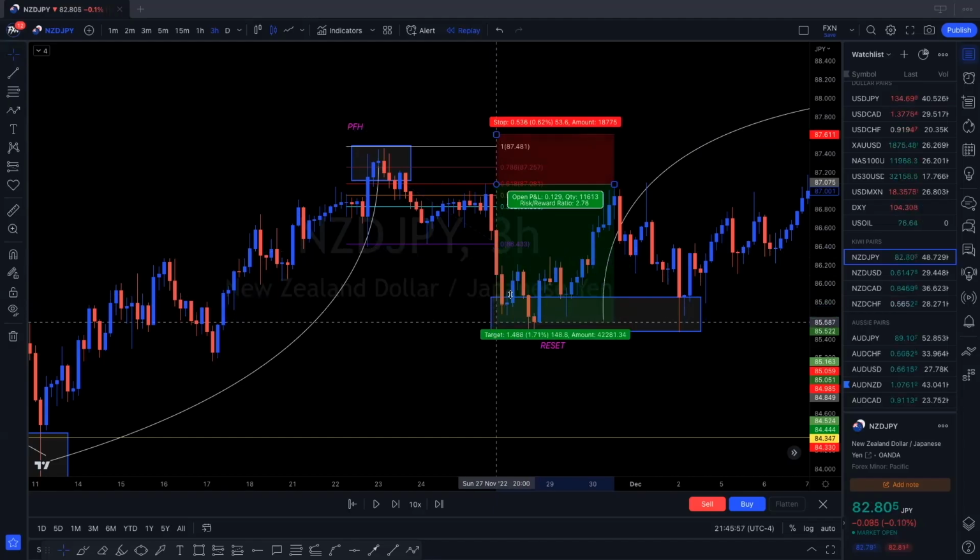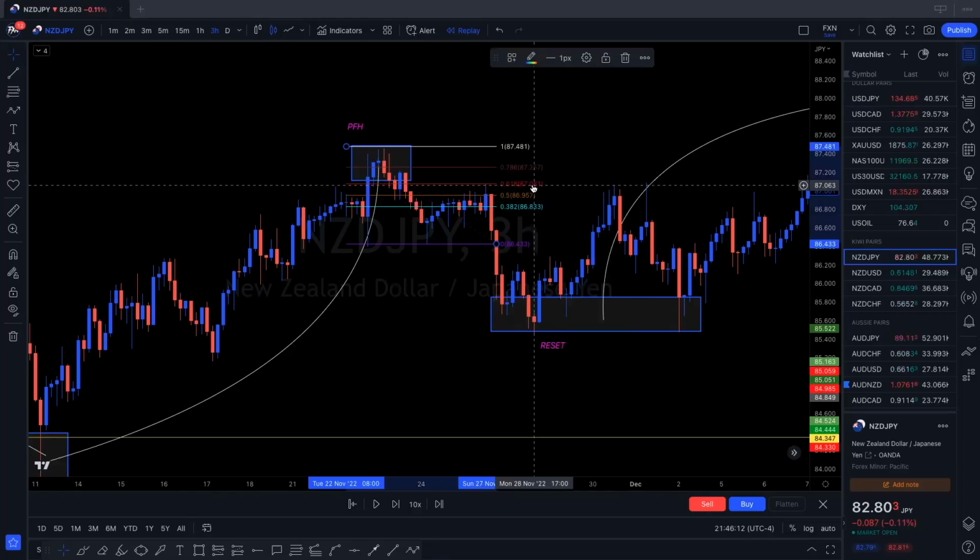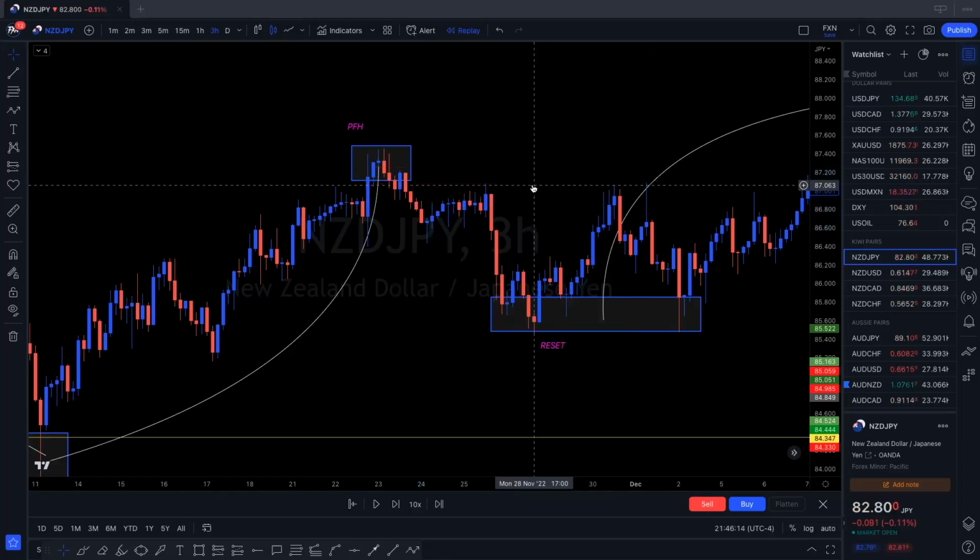And in this case, even though it was a reset, you still got well over a 2-to-1. But I think if you just stick to the simple rules of peak formation and then a pullback to 618, it's a trade. If it doesn't pull back to 618, no trade.